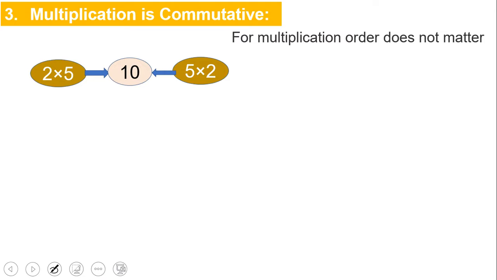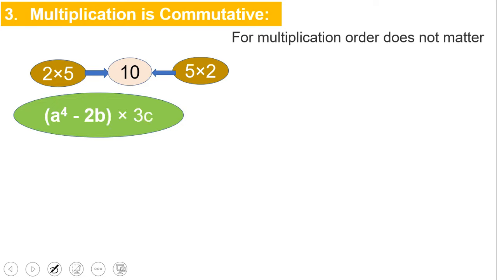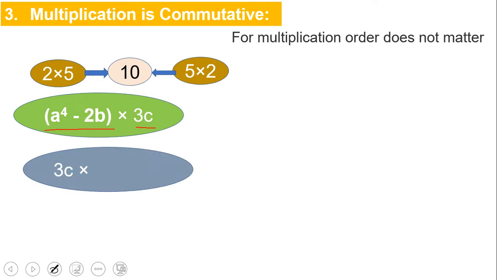Is that clear? Now similarly, let us see this commutativity property. We have to prove the commutativity. A to the power 4 minus 2b, one term, and 3c, one term. So for the commutativity, how can we write? 3c into (a to the power 4 minus 2b).